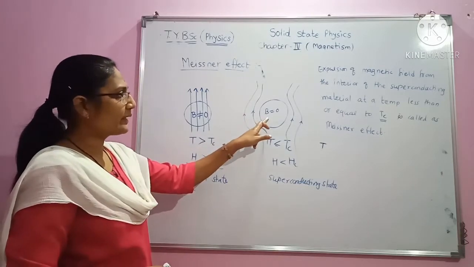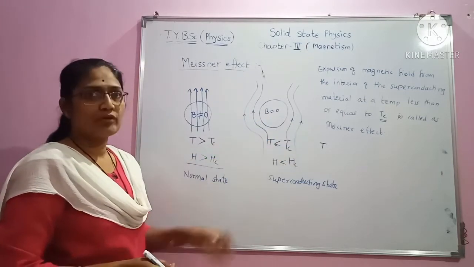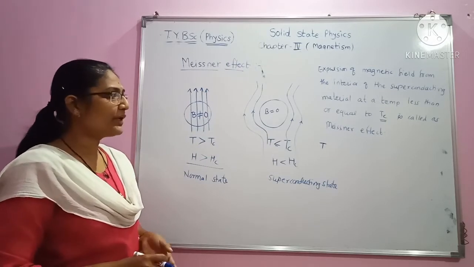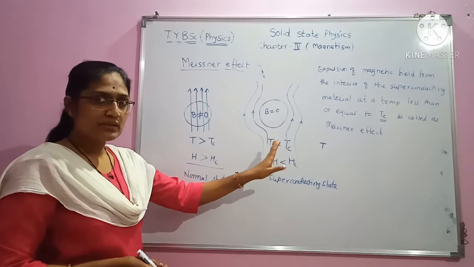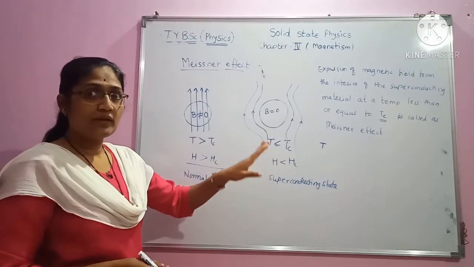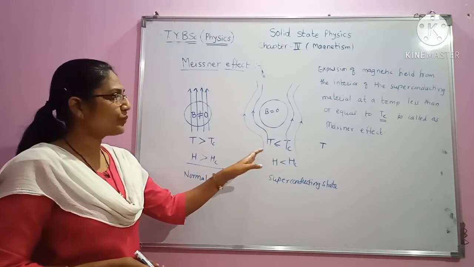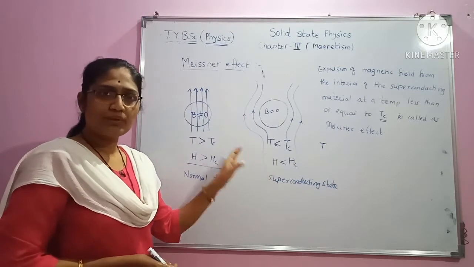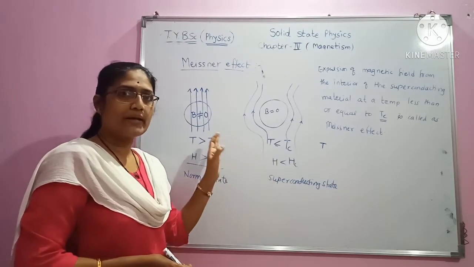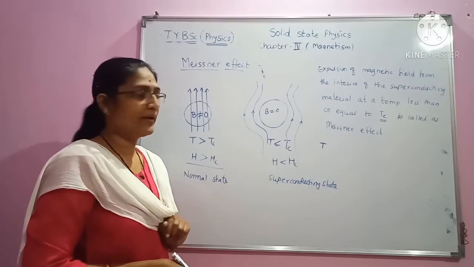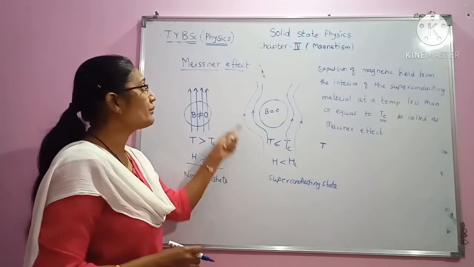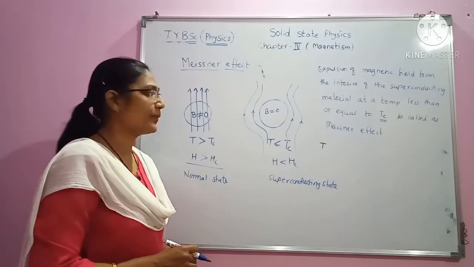As we know, this effect is reversible. It means that if we increase the temperature from below Tc to above Tc, then the superconducting nature of the material will get destroyed, and it will again be converted into its normal state. Hence the Meissner effect is reversible.